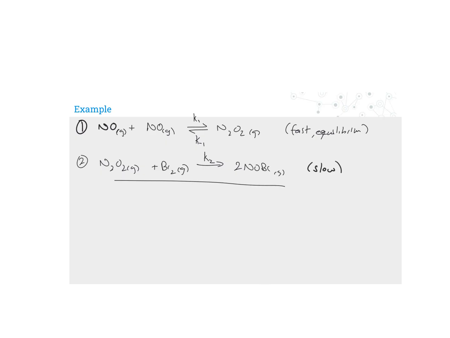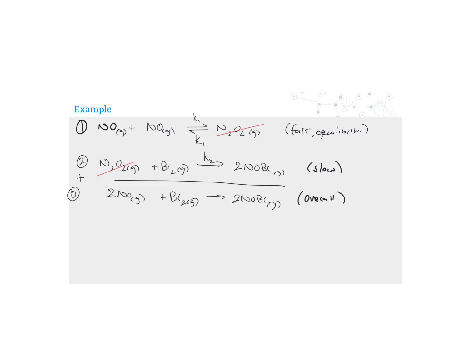If we take the overall reaction here, we add these two together, we end up getting 2NO gas plus Br2 on the left side. Our N2O2s cancel out on each side. And this will make 2NOBr gas. This is overall.